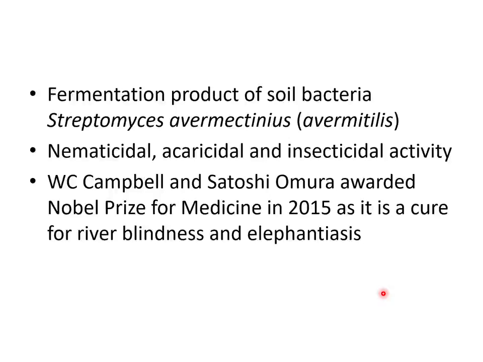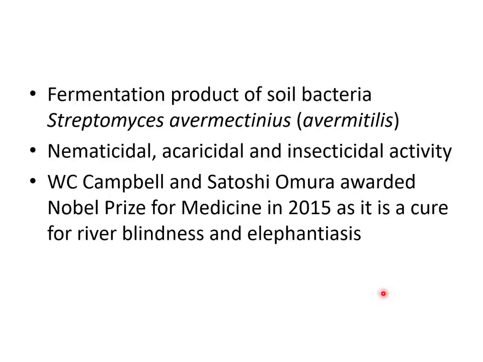See the activity. It is active against nematodes, mites and insects. See the order I have given. It is first against nematodes. That's why most of the avermectins are extremely effective against nematodes. It has acaricidal properties and insecticidal activity.